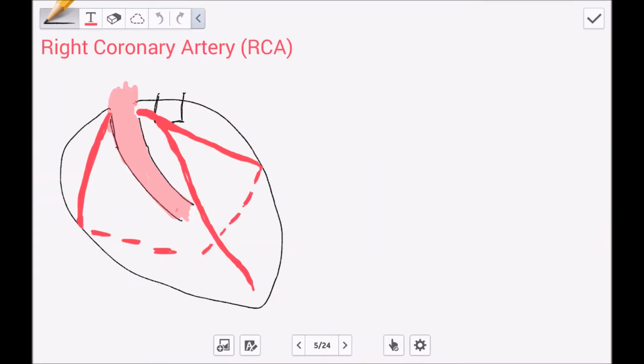So the right coronary artery, which is this part over here, right? The right coronary artery supplies the right side of the heart, the inferior right side, and posterior.